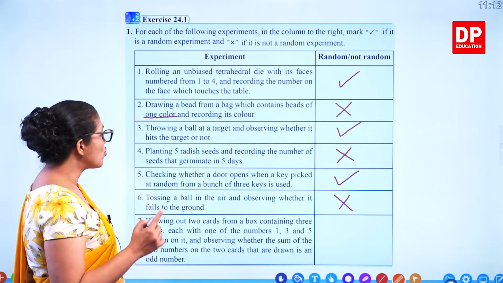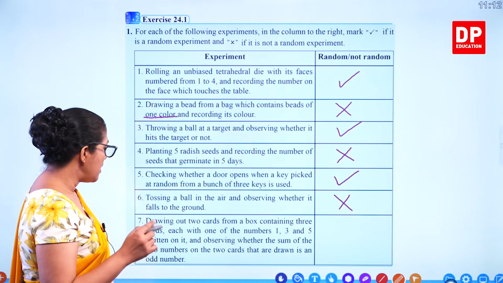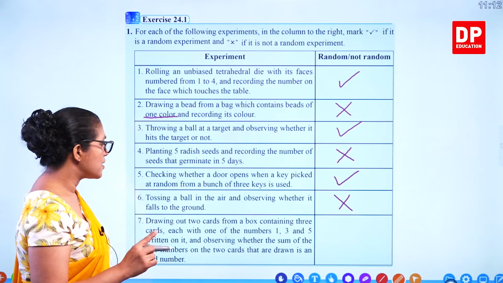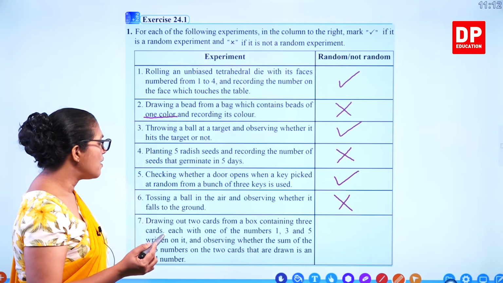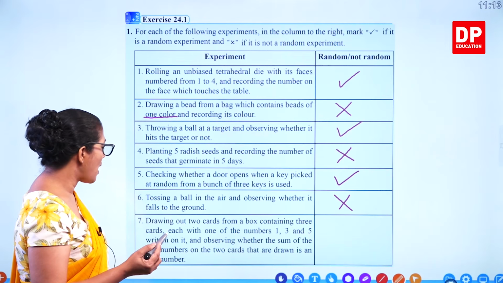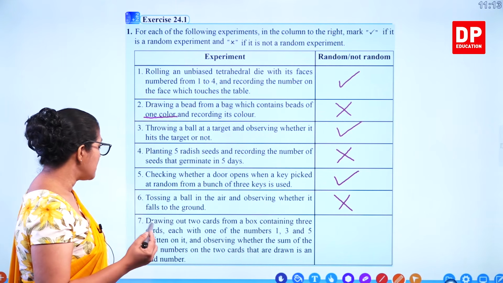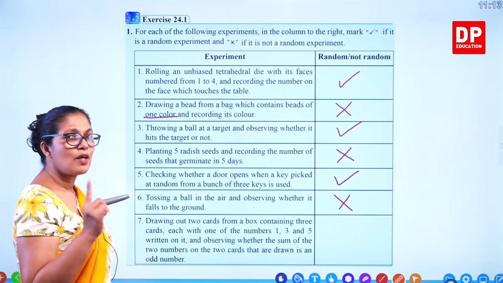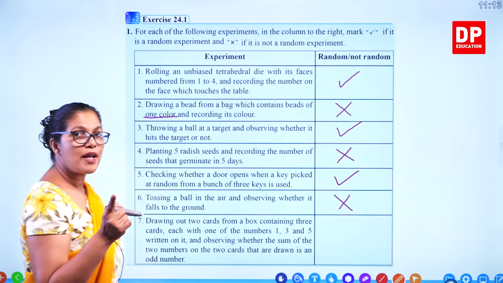And drawing out 2 cards from a box containing 3 cards, each with one of the numbers 1, 3, 5 written on it, and observing whether the sum of the 2 numbers on the 2 cards that are drawn is an odd number. Now when you take any 2 cards, these all are odd numbers.